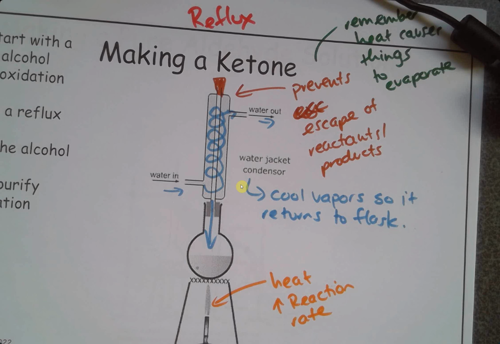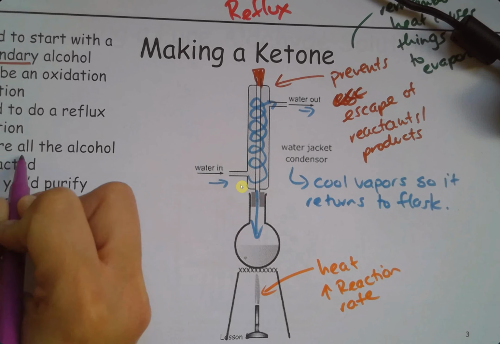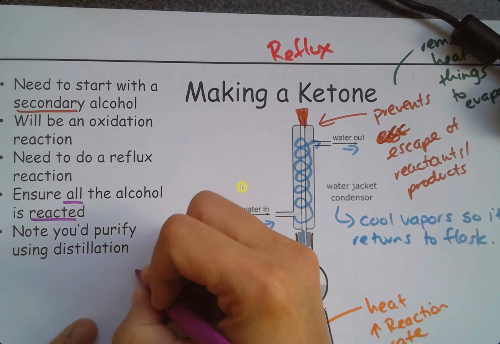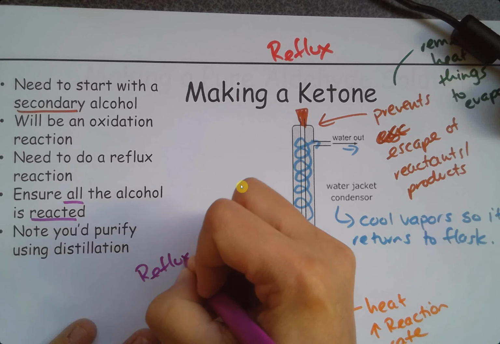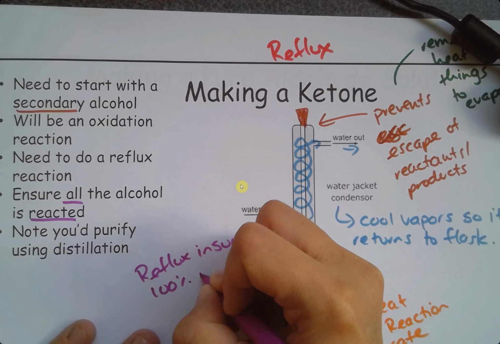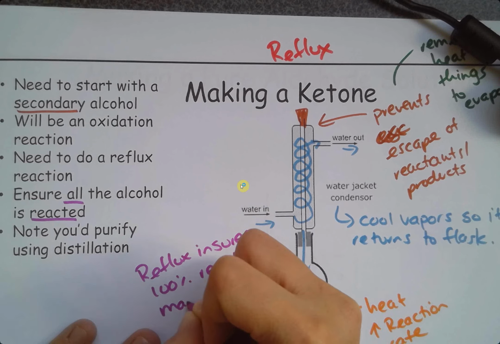So the other thing that is really great about using a reflux tube, and you'll see this in multiple reactions, not just with ketones, is that it ensures all reaction. So it makes sure that you get 100% reaction, or maximum yield, the other way you can describe it.